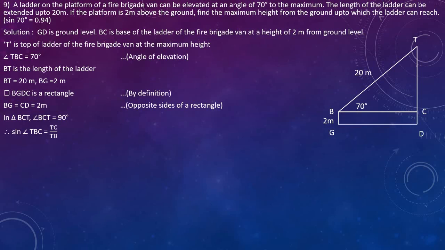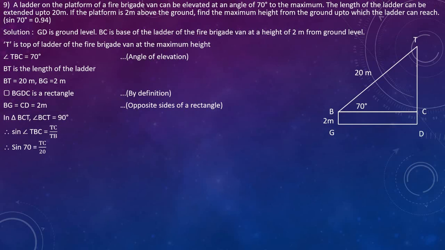So we can use sine theta because we want to find the opposite side, which is TC. For the angle of 70 degrees we want to find the opposite side. We have the hypotenuse, so we can use the trigonometric ratio of sine. So sine of angle TBC is equal to opposite upon hypotenuse, which is equal to TC upon TB.